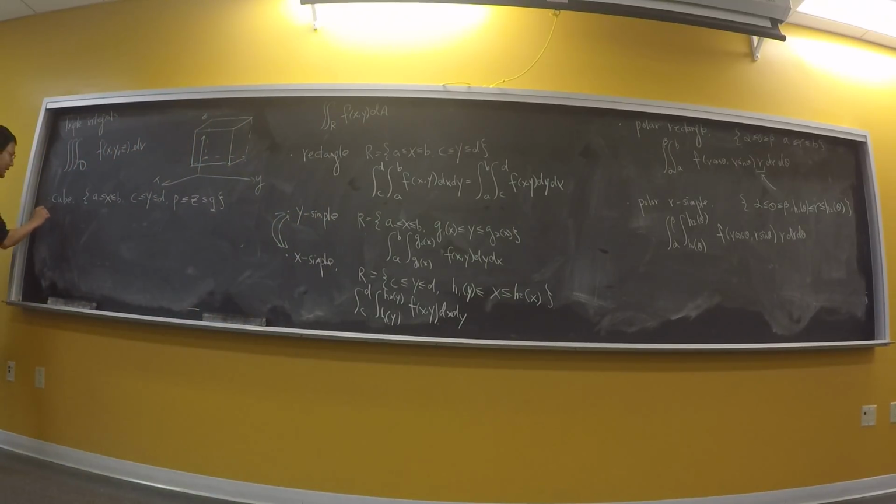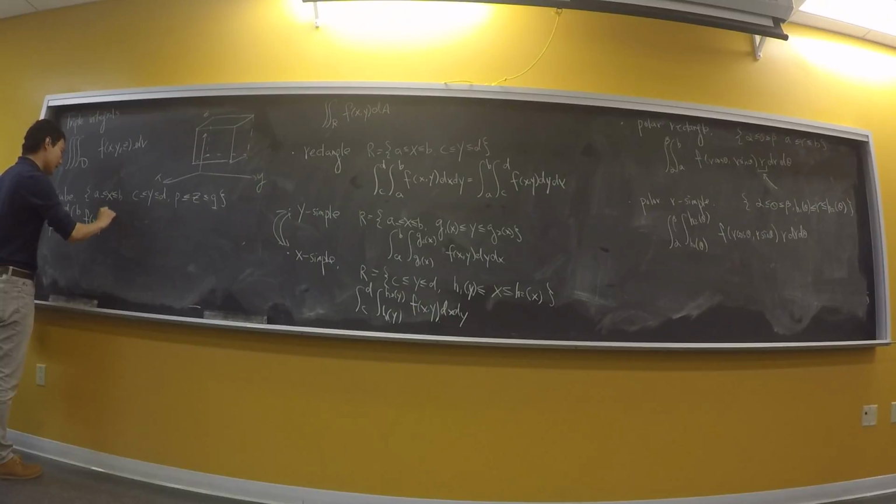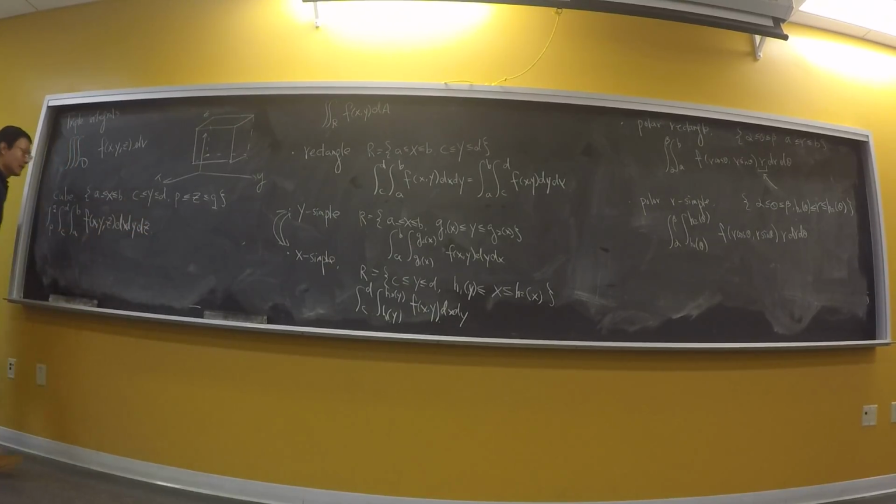For a cube, it is the easiest because you can write it down in whatever order you want, because they're all intervals. So from p to q, from c to d, from a to b, f(x, y, z) dx dy dz. Again, I can write it in whatever order I want as long as I keep these intervals corresponding.